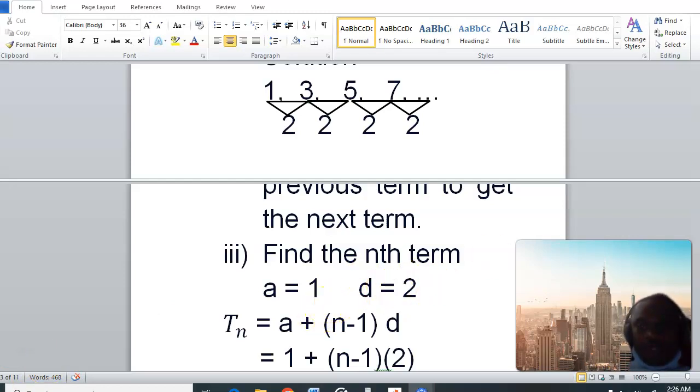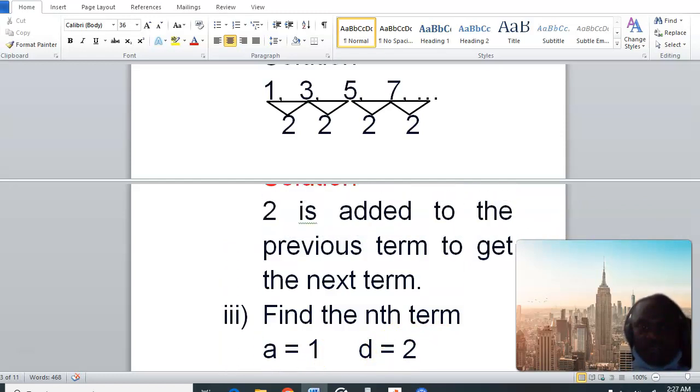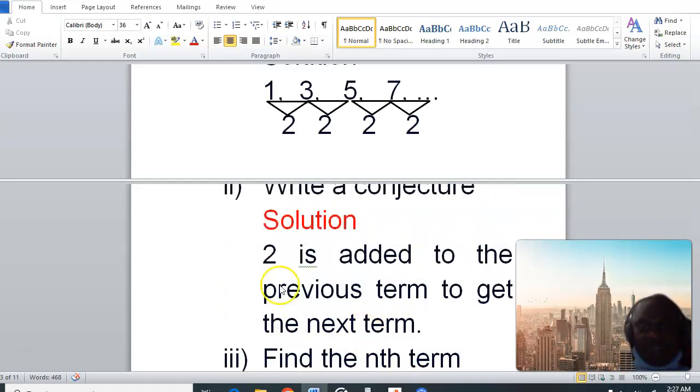Okay, so let me go back to that side. So we said here 2 is added to the previous term to get the next term, because how did you get this term? You add 2 to 1 to get 3. How did you get 5? You add 2 to 3 to get 5.